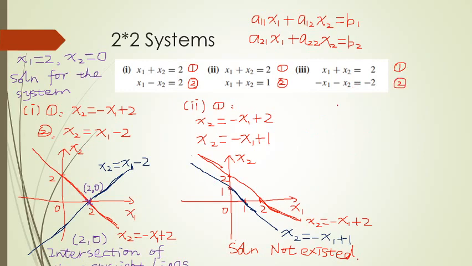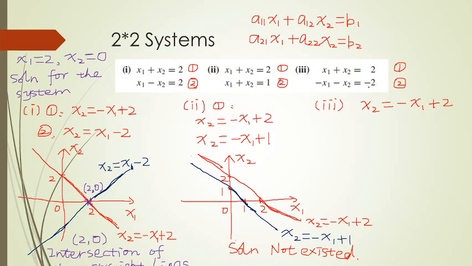How about number 3? If you multiply by minus 1 on both sides of the second equation, it's exactly the same as the first equation, right? Which means we only have one straight line, right?